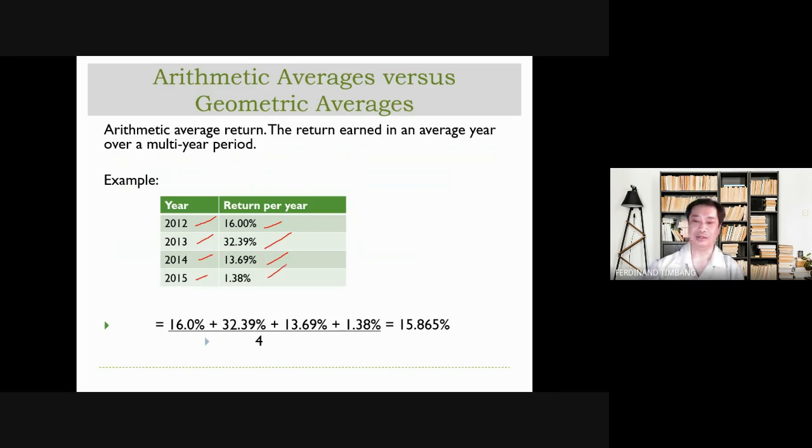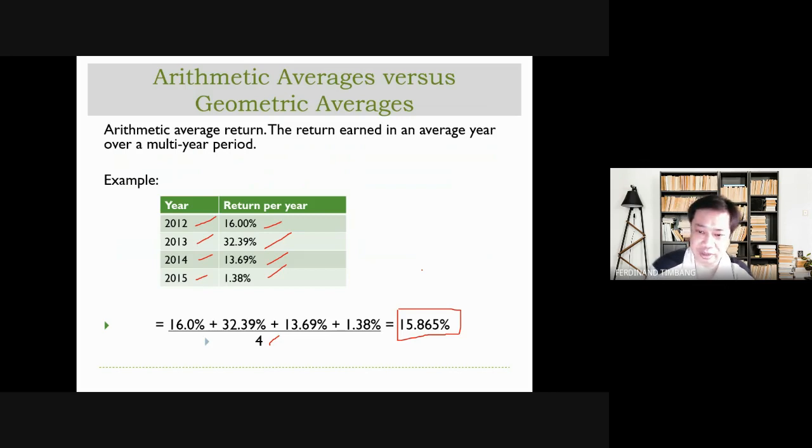So if you get the historical or the arithmetic average, you simply add them and then divide by 4. So pagka tinanong kayo, halimbawa, what is the average return for the 4-year period? The answer would be 15.865%.